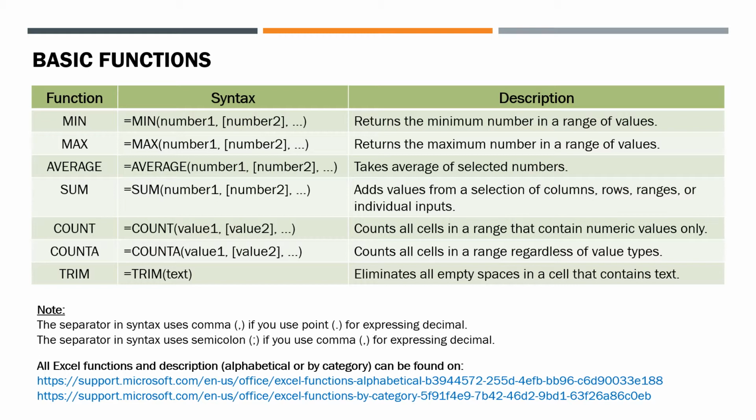So to separate one argument from another, I use a semicolon. But if you use the US style, you can use a comma. And you can also go to this website in order to learn further about the basic functions of Excel.